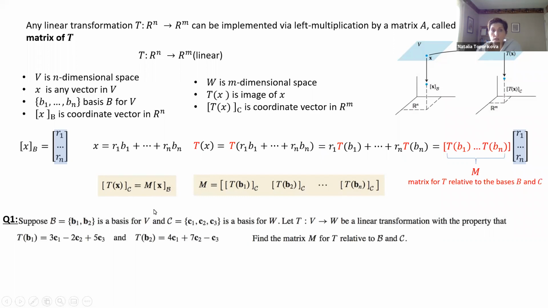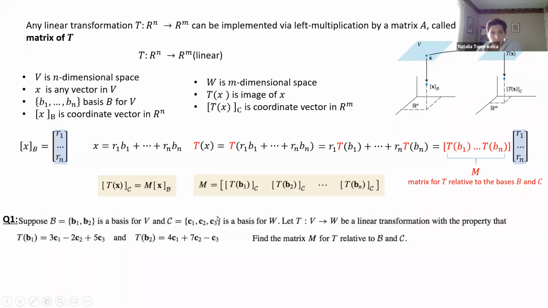Okay, let's practice a little. By the way, we don't always have to calculate the coordinates of our image. We might already be given the coordinates of the image and we just need the matrix of transformation. Like in this example, we are given a basis in the two-dimensional space R2, with basis vectors B1 and B2.